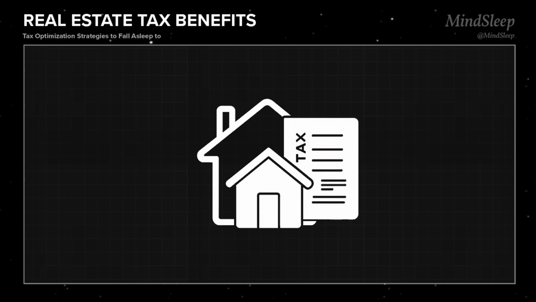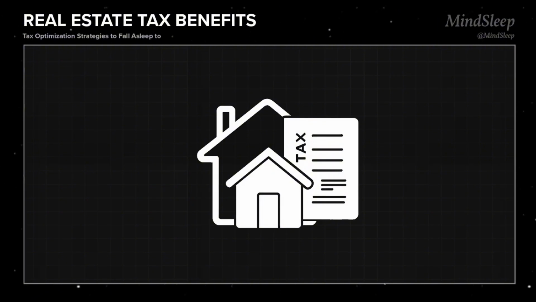Moving beyond these foundational concepts, let's explore a more advanced strategy: cost segregation analysis. This technique involves breaking down the components of a property to accelerate depreciation on certain elements.